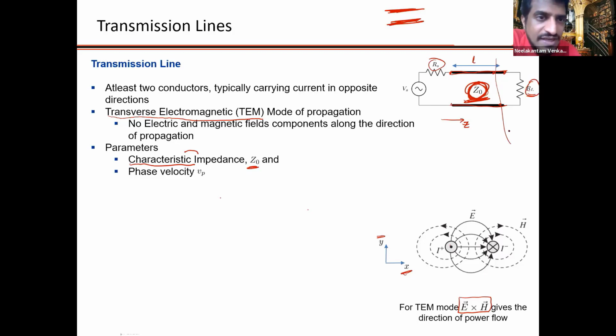This guy alone and this guy alone, you can call them impedance, but when it comes to a transmission line, it's characteristic impedance. It is something that describes that transmission line altogether. And the second parameter is the phase velocity, the velocity with which the signal transmits from one end of the transmission line to the other end.